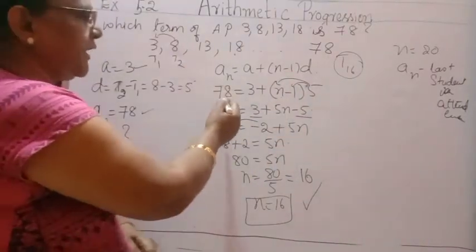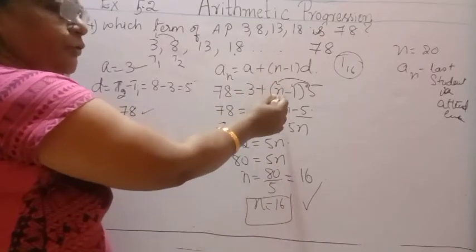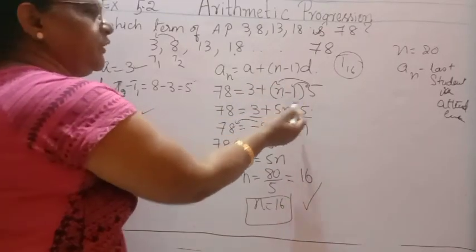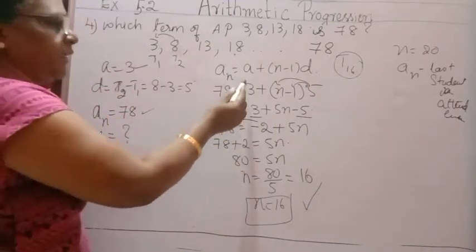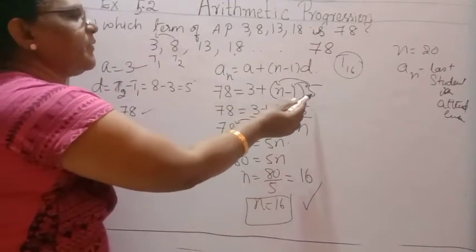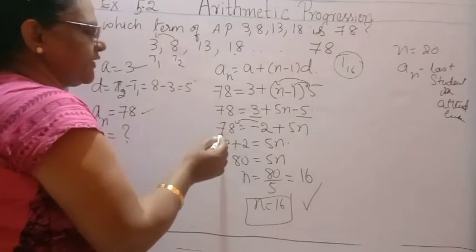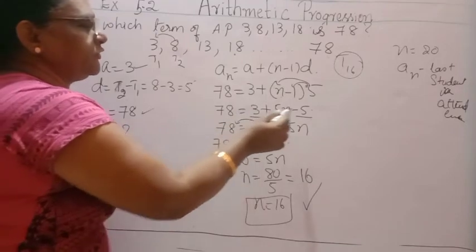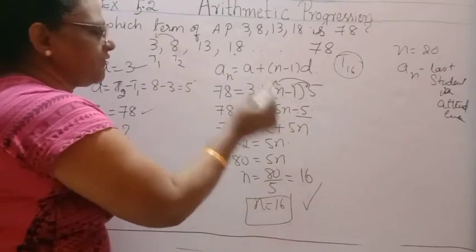Next, 78 is equal to a means 3 plus n we don't know, keep as it is, minus 1 into d means 5. Okay, 78 is equal to 3 plus, multiply by 5 these two terms, 5n minus 5. Group these two: 3 minus 5 is minus 2, plus 5n as it is.